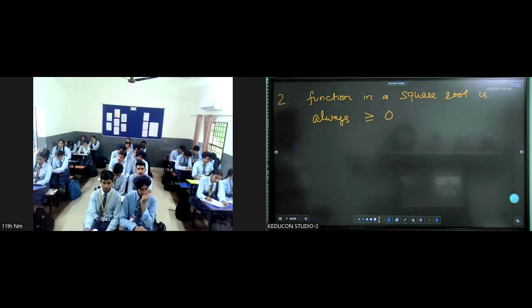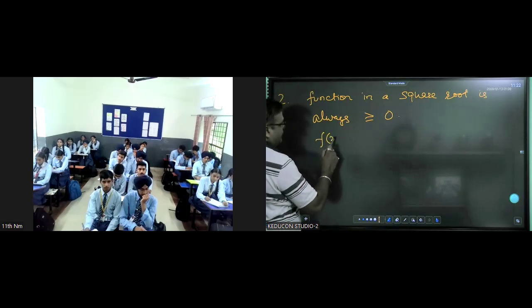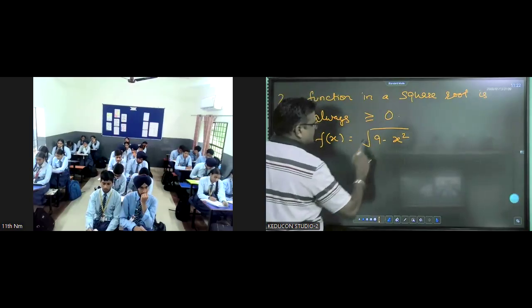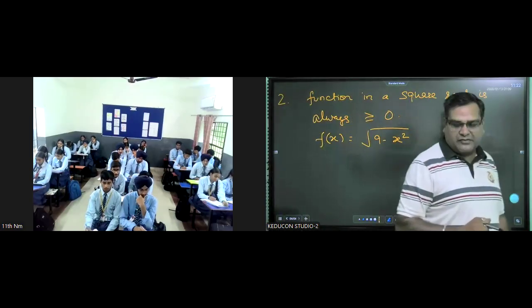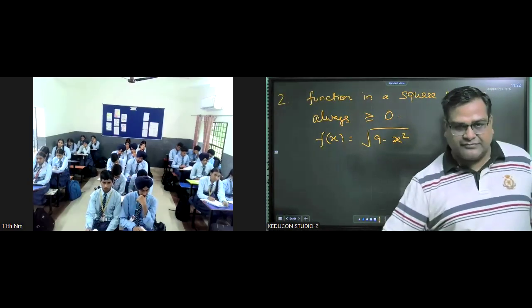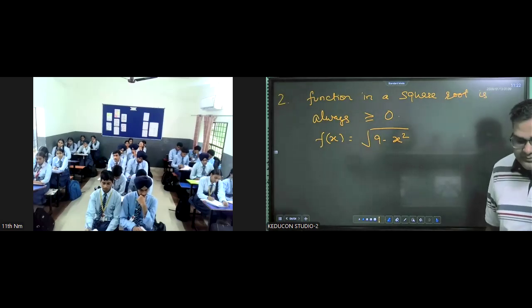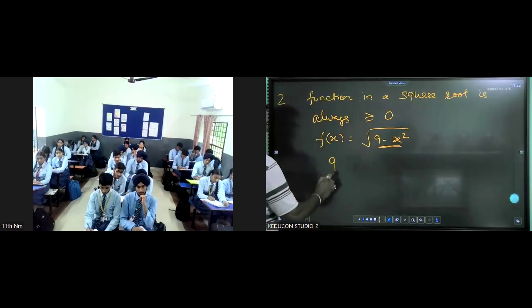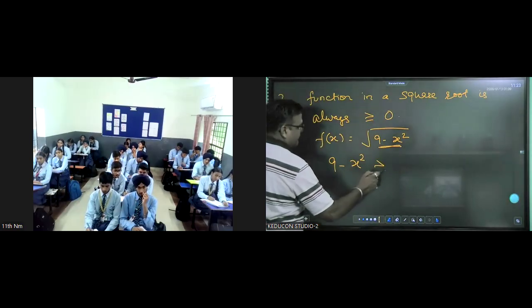What is the meaning of this? If you have a function, let's say this, right? This is the function. You have to find the domain of this function. How will you do it? This factor should be greater than equal to 0.